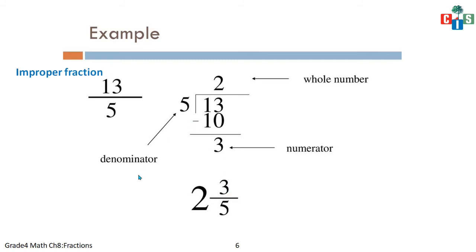And the 5 is the denominator. Here 5. Okay. Now see, an easy way I am telling you. In this question, 5 is the denominator. The denominator remains the denominator as it is. Okay. So 5 will be 5 as it is, and the remainder, that is 3, will be the numerator, and the quotient will be the whole number. Fine. We will do more sums and you will remember that.